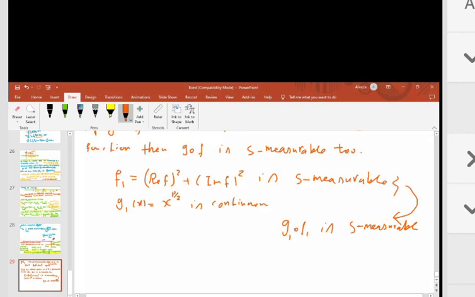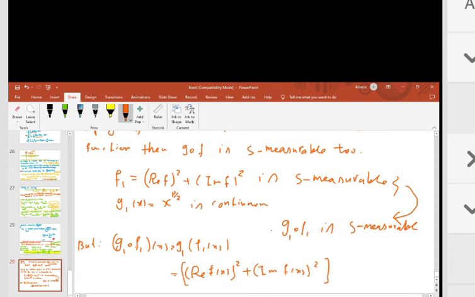But g1 of f1 of x equals real part of f of x to the power of 2 plus imaginary part of f of x to the power of 2, all of this to the power p over 2. So this function is measurable.